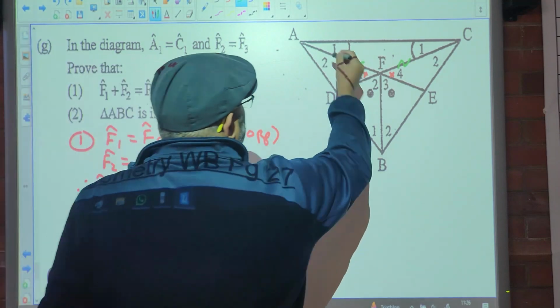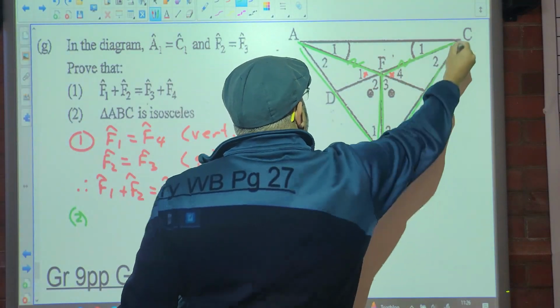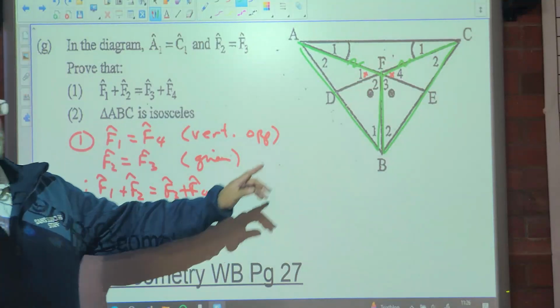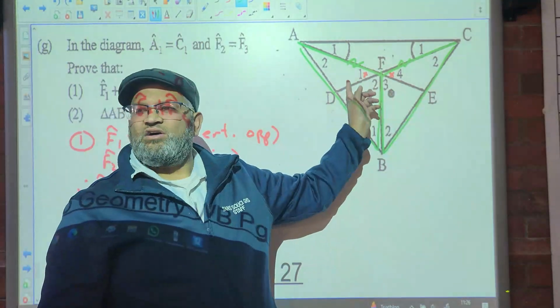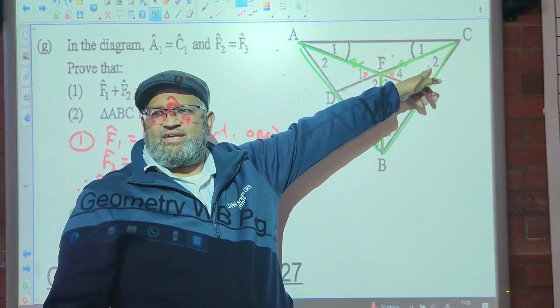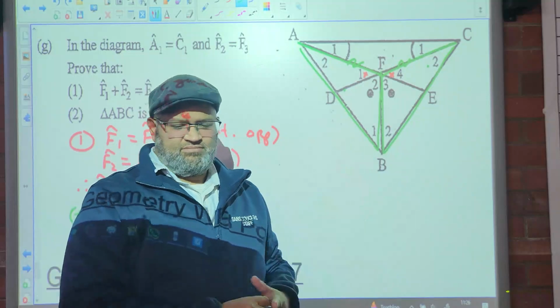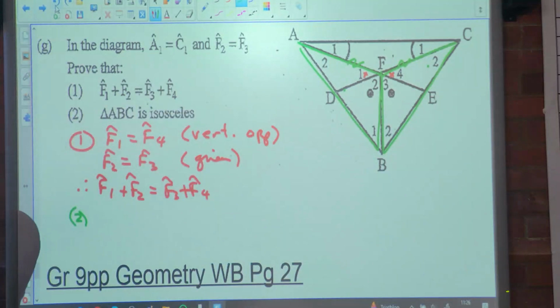Okay, there we go. These are two triangles. Okay, if we prove that these two triangles are congruent, then that angle has to be equal to that angle. This angle here has to be equal to that angle, not so? So let's go with it.